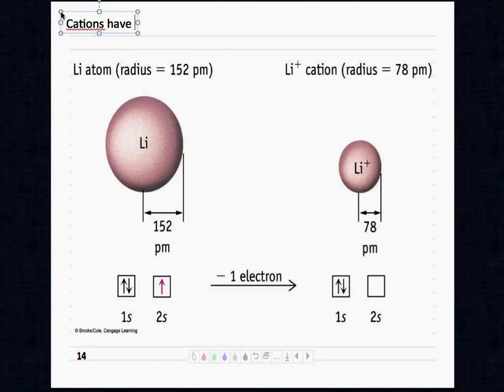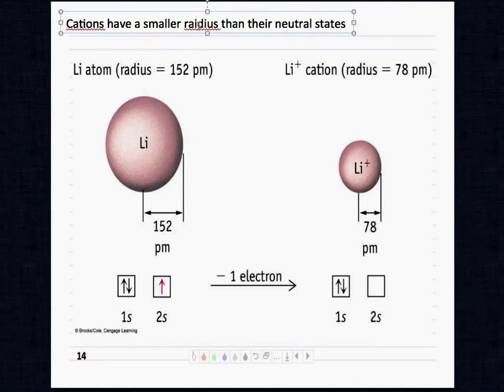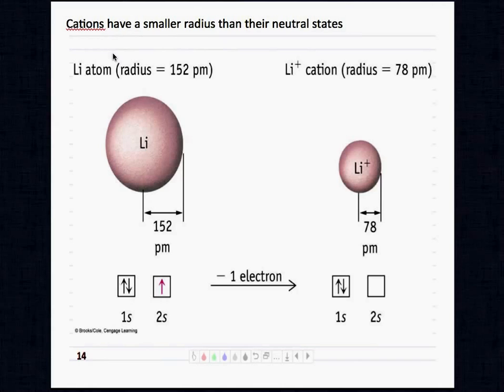Any cation, that means something that lost an electron, has a smaller radius than its corresponding atom. And I'm talking about its atom. So lithium, lithium plus. Sodium plus has a smaller radius than sodium.